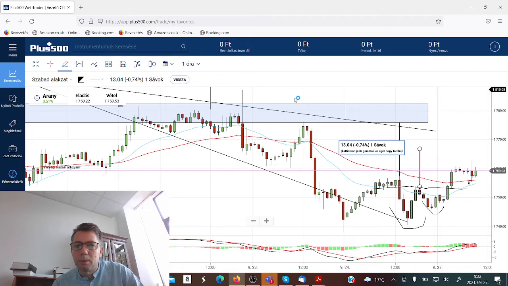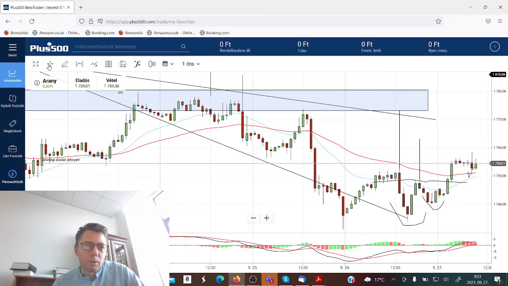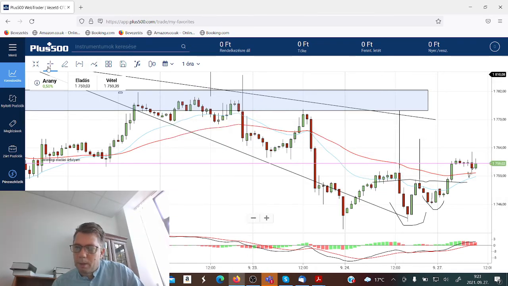And the price target, when we look at this W pattern, let me try to show you the price target. Okay, here, 1766. This is our price target. But this is the 1-hour chart.